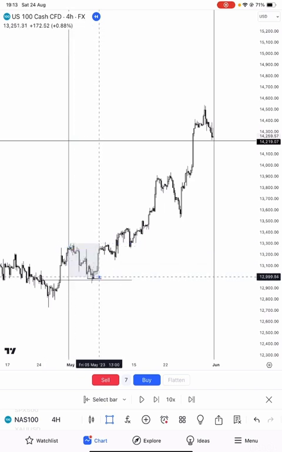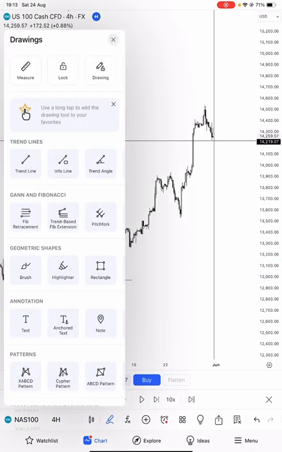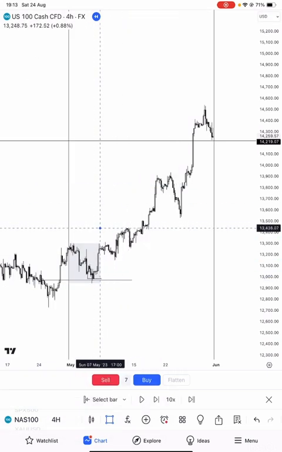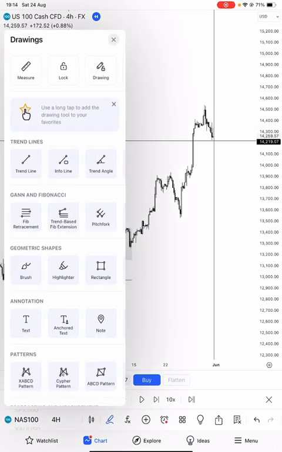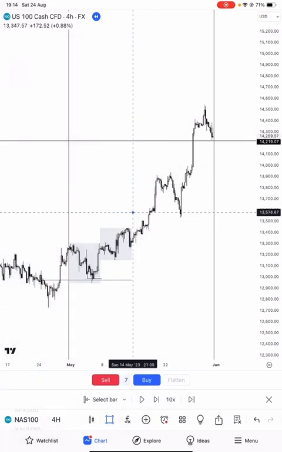CRT. Week 1, Friday until there. Then week 2. And these are time ranges, not price ranges.